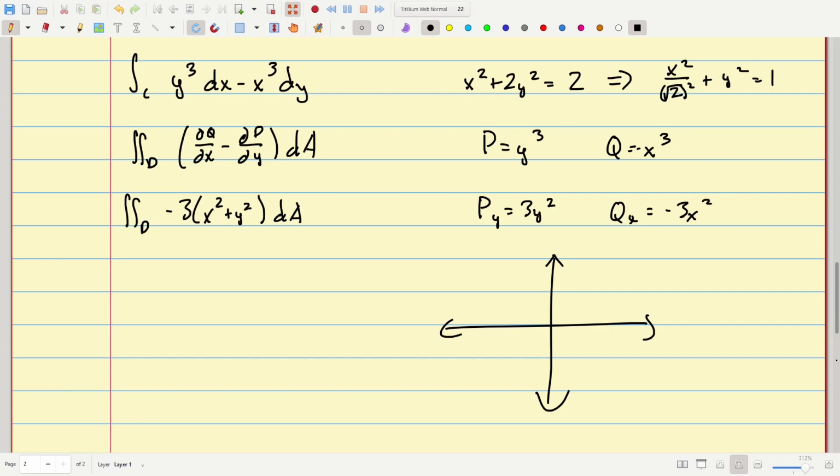So it looks like this. We have our x and y axes here, and the ellipse looks something like this. Okay, so I want to integrate over this region.